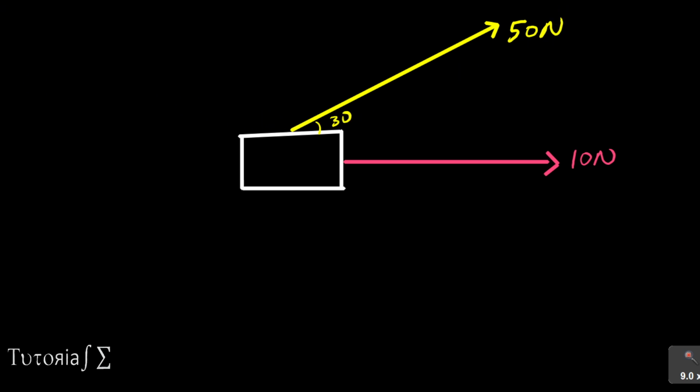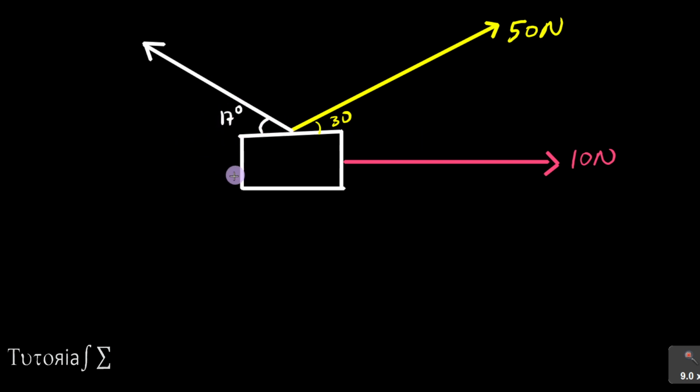And maybe we have another student pulling. Let me put a straight one, so they are pulling in this direction, and this makes an angle of let's say 17 degrees from the horizontal.